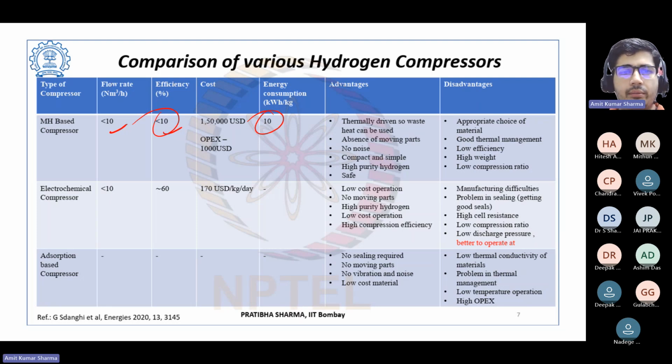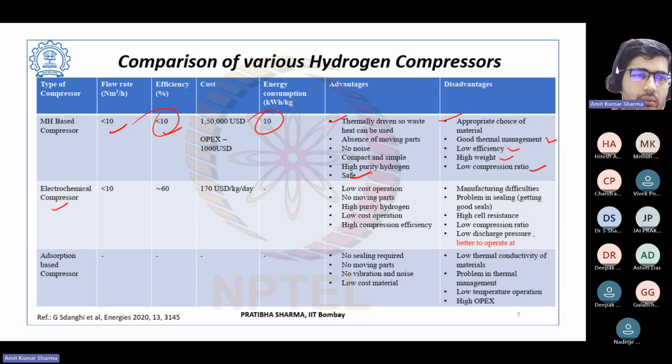Advantages: thermally driven, so waste heat can be used, because we need heat for the reaction to happen. Absence of moving parts, no noise, compact and simple, high purity hydrogen, and it is considered safe. Disadvantages: appropriate choice of material, good thermal management, low efficiency, high weight, and low compression ratio.